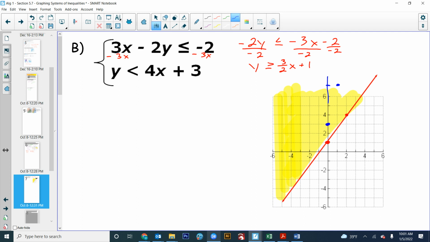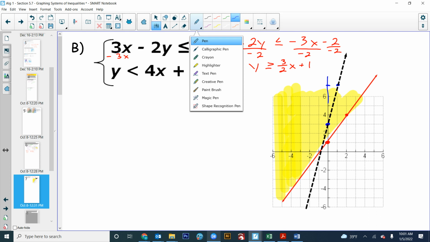Solid or dashed? Dashed, very good. Shade above or below?